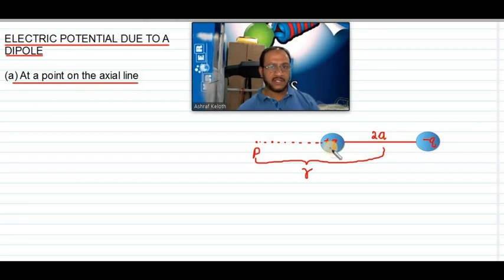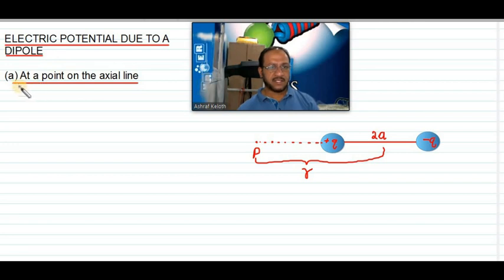Here, in this dipole, we have equal and opposite charges, plus q and minus q, separated by a distance 2a. And this point P is at a distance r from the center of the dipole on the axial line. So here the discussion is about electric potential due to a dipole.